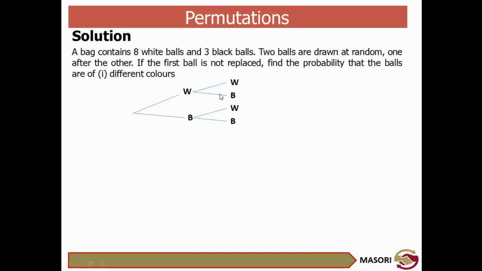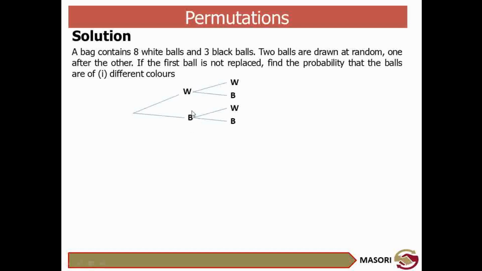So the second ball therefore will be, if it's black, picked out of the 3 black balls, but from the total of 10 balls in the box. So the probability of picking a second ball to be black, given that the first one was white, is 3 over 10.